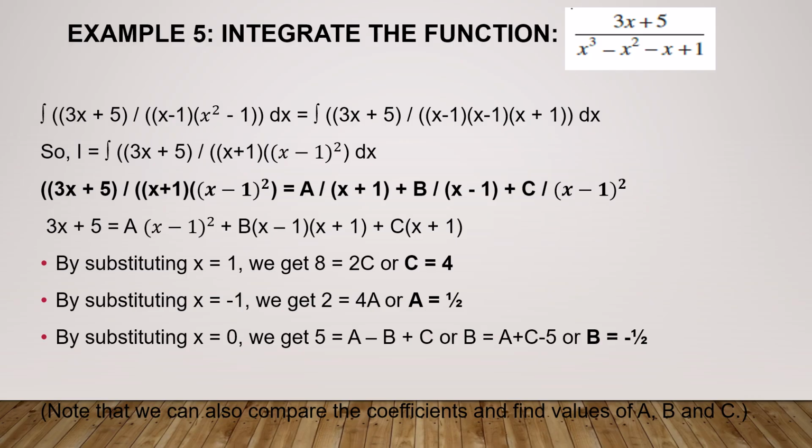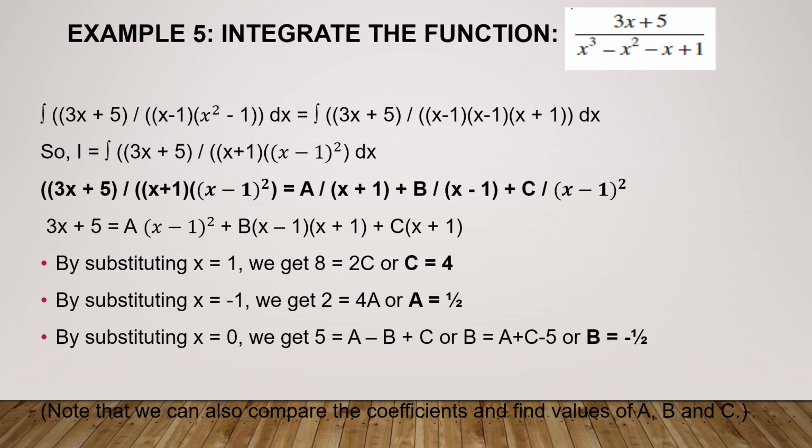When you factorize this, you get it as x minus 1 into x square minus 1. Again x square minus 1 is x minus 1 into x plus 1. So it has become integral of 3x plus 5 upon x plus 1 into x minus 1 whole square. So this is of the type some linear factor x plus 1 into x minus 1 whole square type.